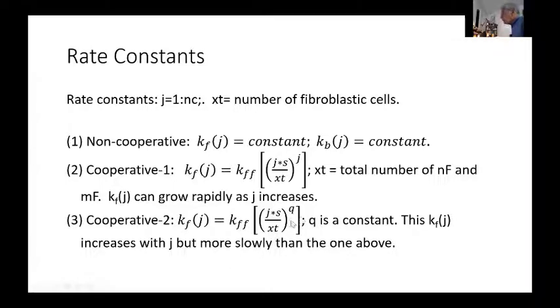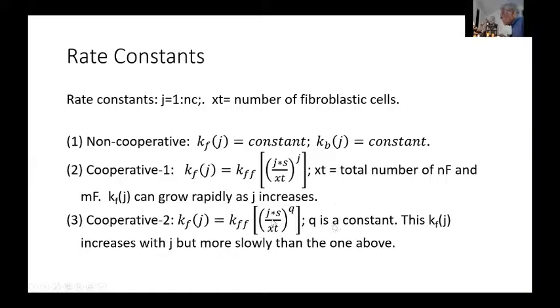Now, a slightly less cooperative one is not to have J as the exponent, but a constant Q. So this here also, for JS over XT being greater than 1, and Q not being so big, might be 1 or 2, then Kf of J increases, but not so rapidly as the second example does.